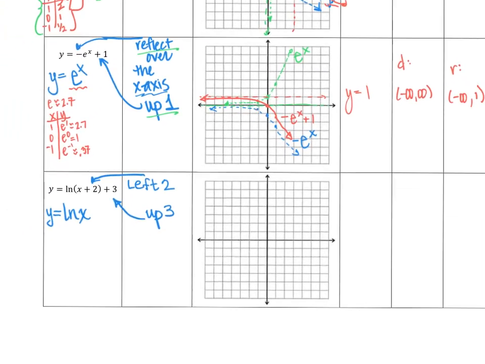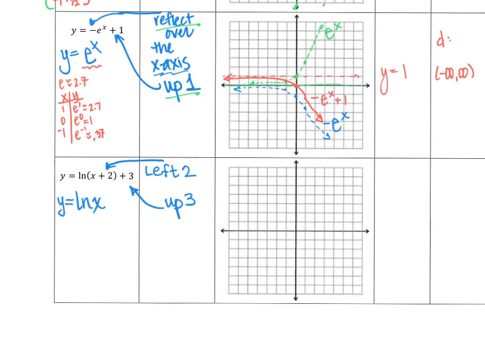All right, and so this last one here, we're back to a log function. So since log is the inverse of our e to the x, again, it's really nice if we just think about the e to the x, which we just did up here, and we can make a table for the natural log by interchanging those x and y.